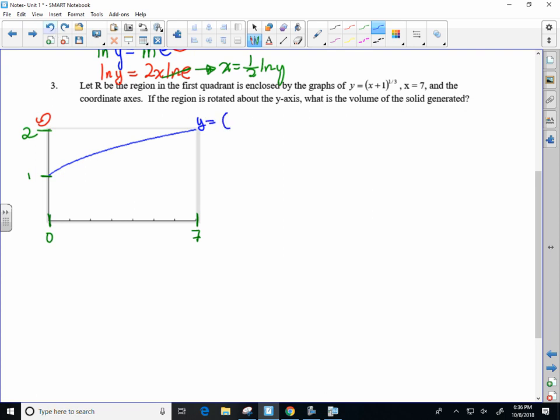And it will work out to be 2. But for your own purposes, you don't want to just take a guess. That's a disaster waiting to happen. Right? If I plug in a 7 here for x, 7 plus 1 is 8, 8 to the 1/3 power, so the cube root of 8 is 2. So that's where that comes from.